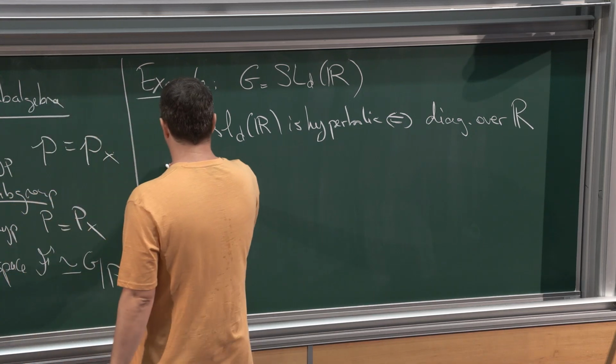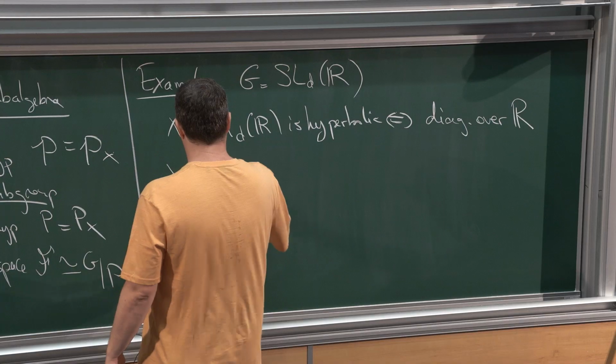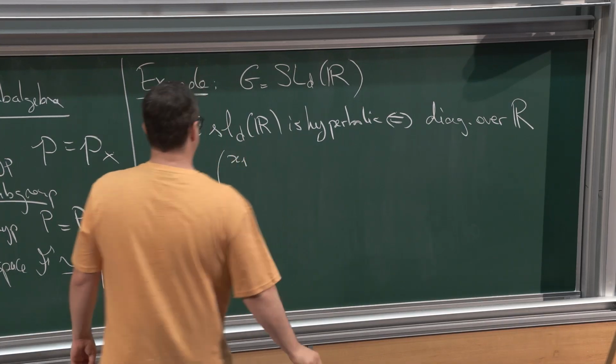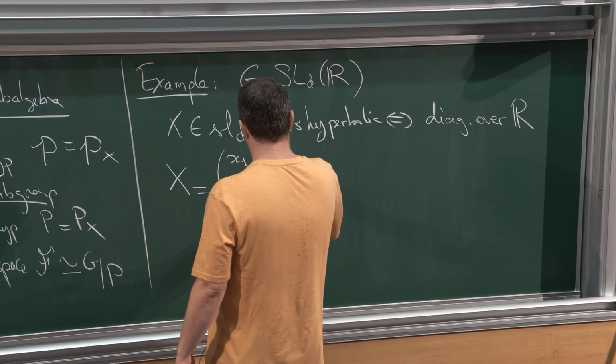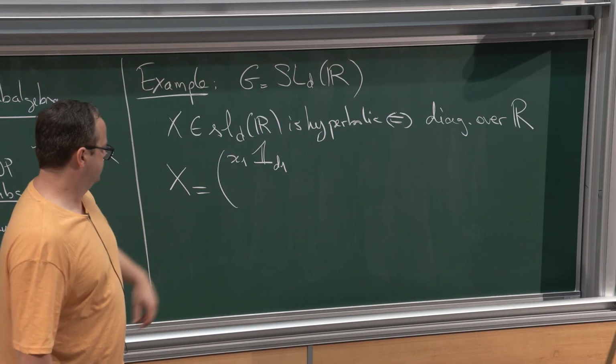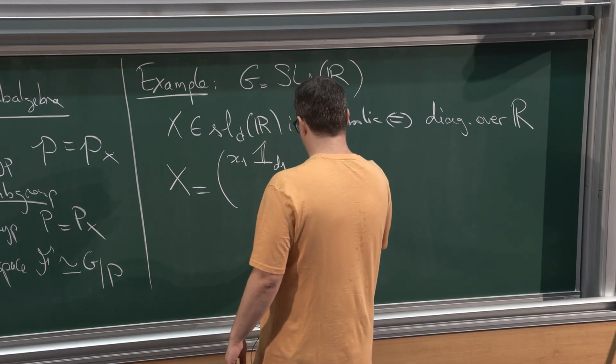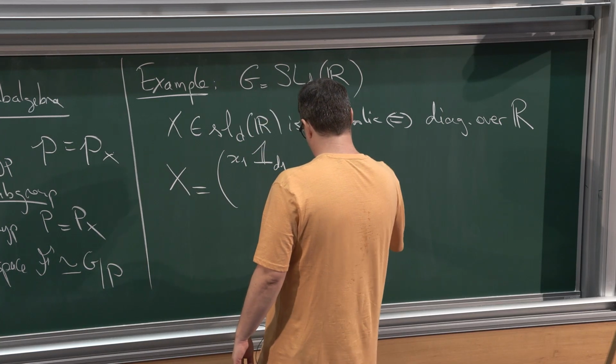So you can just pick x to be something like, we'll write it by blocks to include repetitions. So it will be a first block with some x_1's a bunch of times, up to some x_r's a bunch of times.